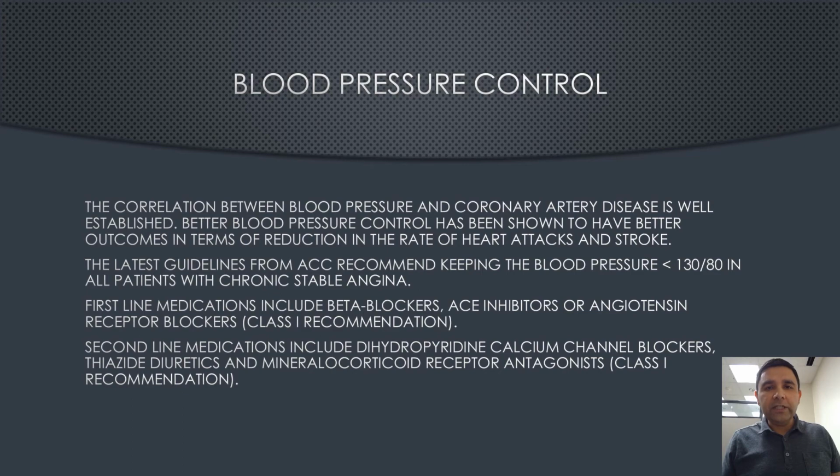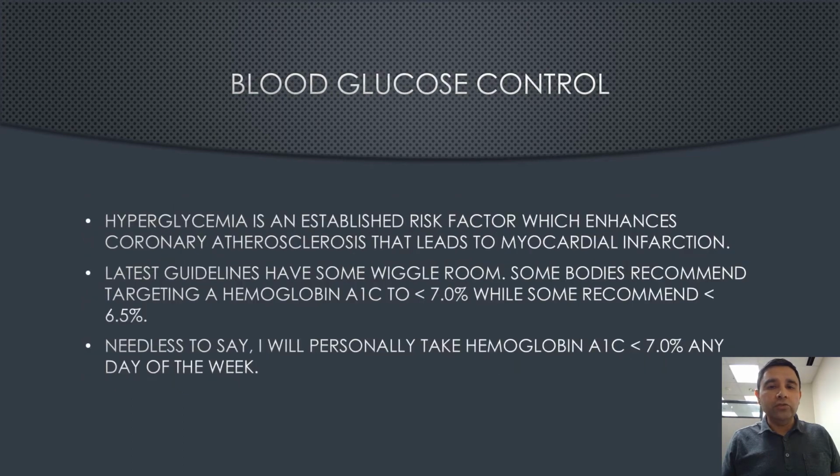So that's your blood pressure control, and let's talk about blood glucose control. It is also a very well established fact that hyperglycemia is a risk factor which enhances coronary atherosclerosis that leads to myocardial infarction down the road. However, when it comes to recommendations regarding blood glucose control, the guidelines are a little bit sketchy.